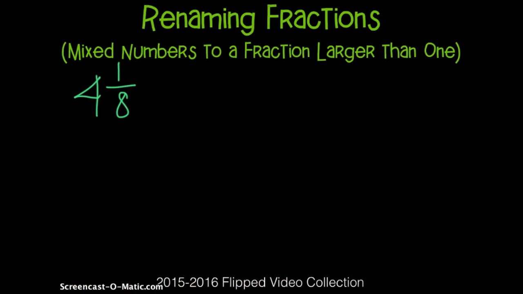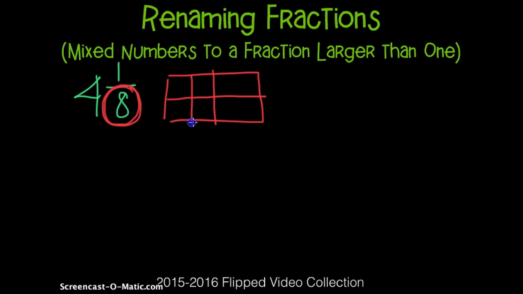4 1/8 this time. If we're taking a look at the denominator first, to get all of the models set up, the first thing is we need to draw a model. So there's my first 8.